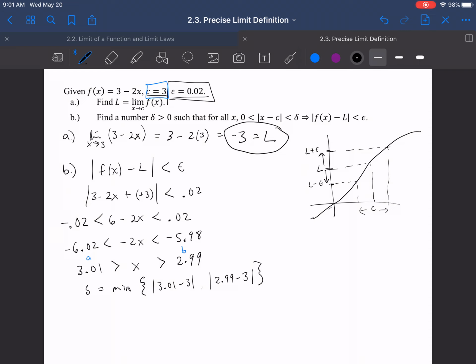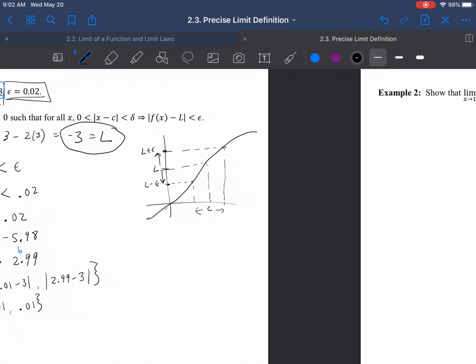It doesn't matter if I do 3.01 minus 3 or 3 minus 3.01. As soon as I take the absolute value, they're going to be the same. So this will be the minimum of 0.01 and 0.01 once you take the absolute value. And the minimum of 0.01 and 0.01 is just 0.01. And there you go. There's our delta value.